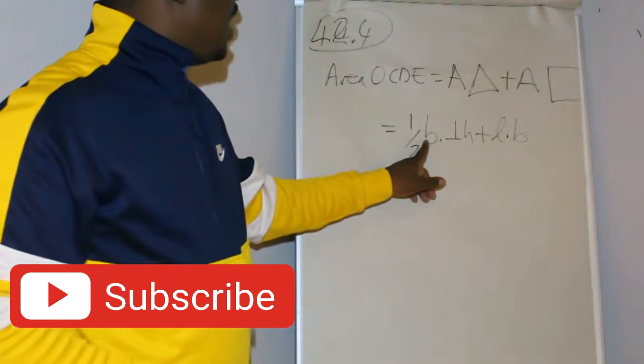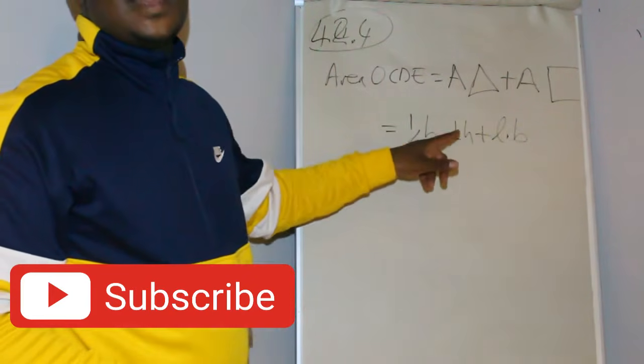So we use half base times perpendicular height because it's a right angle triangle.